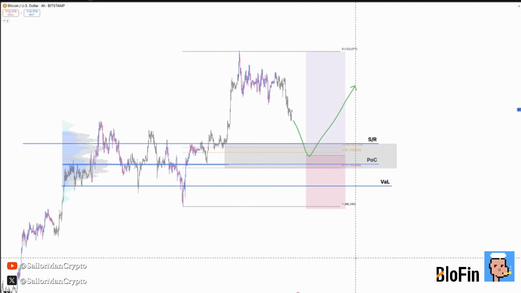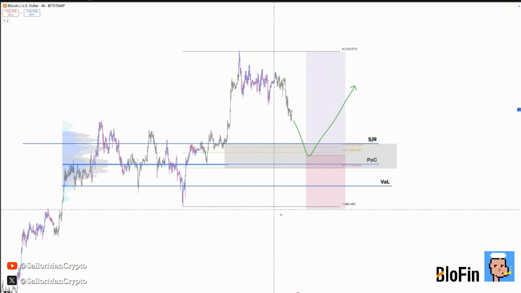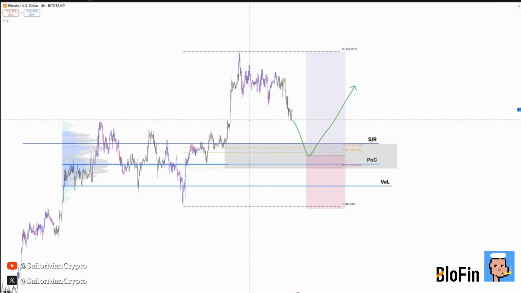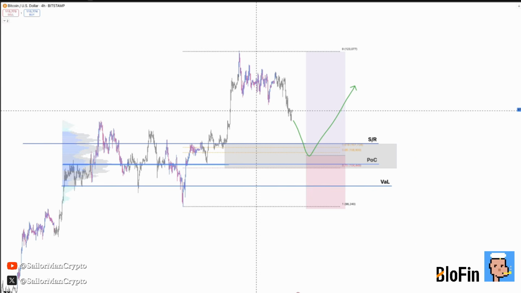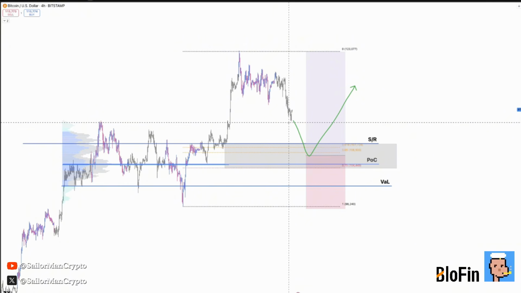So the second condition of passive trade execution is always to have a reason to invalidate the trade, but also to have a hard stop loss. In my view, this kind of execution is more for swing trades, so higher time frames, 4 hours, 12 hours, daily, because it's very difficult to scalp passively. You need to be there.